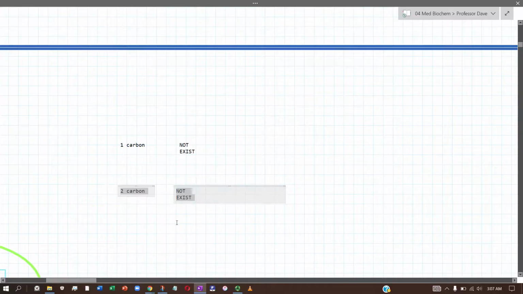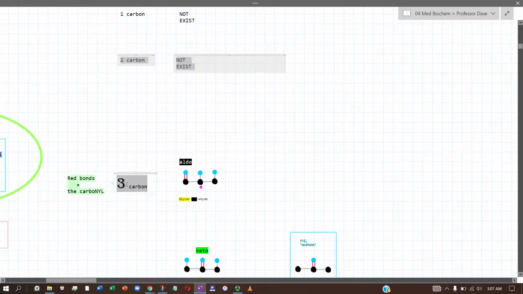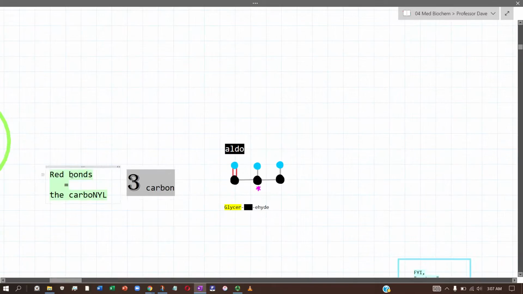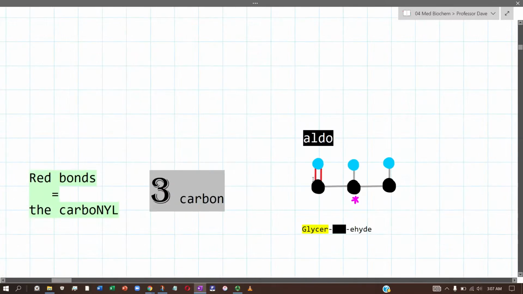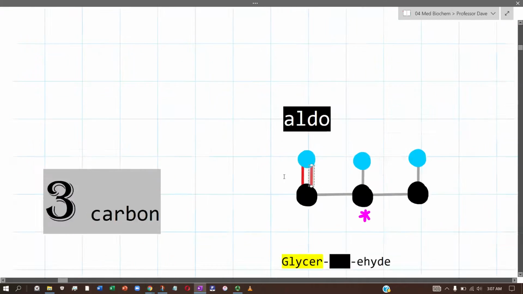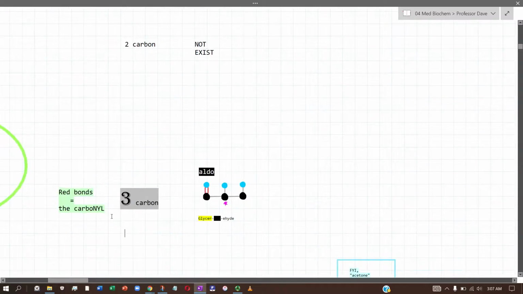Likewise, two carbon sugars do not exist, so we're going to ignore that. But with three carbons, that does exist. And when it comes to red bonds, those will be done whenever there's double bonds. The red double bonds symbolize the carbonyl.